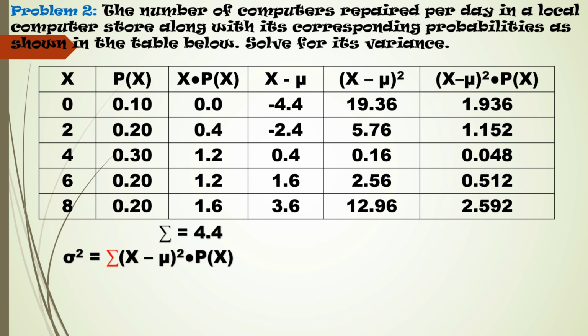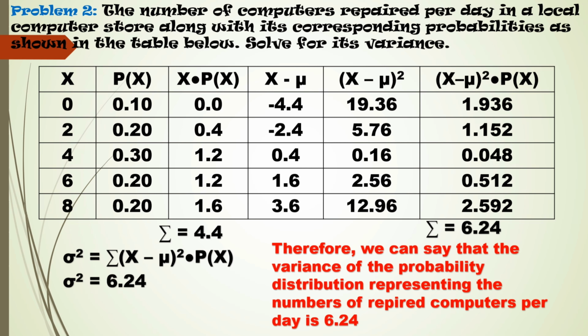Next, get the summation or the sum of the last column, and it is equivalent to 6.24. Substituting on the formula, we have sigma squared equals 6.24. Therefore, we can now say that the variance of the probability distribution representing the number of repaired computers per day is 6.24.